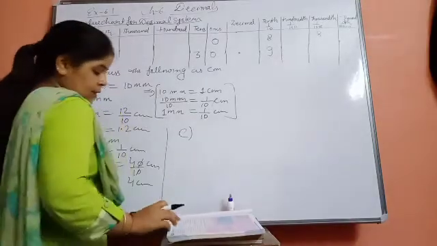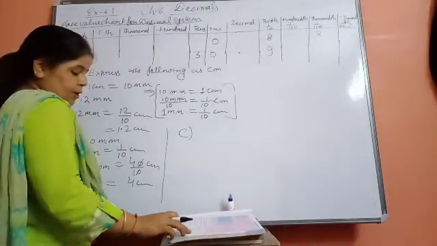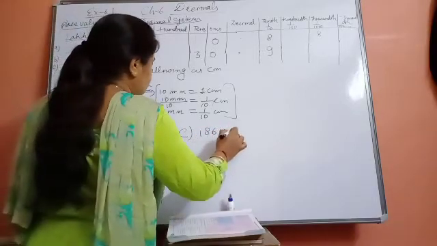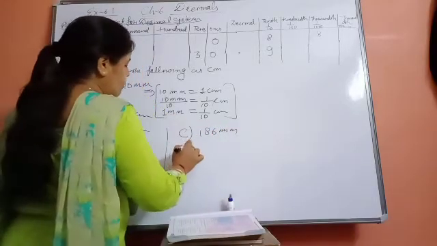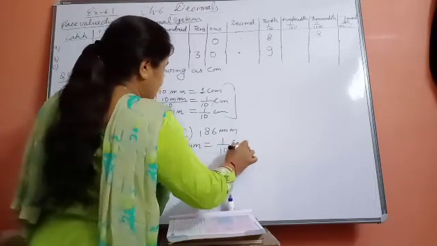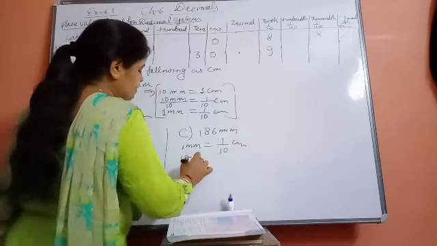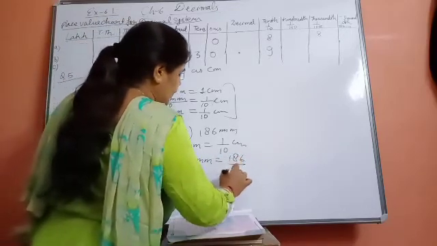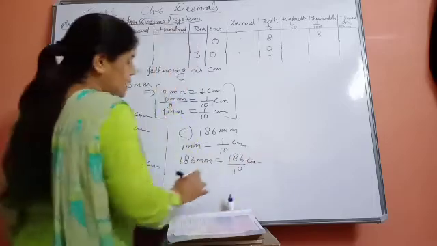Now the C part: 186 millimeter. Again you write 1 millimeter is equal to 1 upon 10 centimeter. So 186 millimeter is equal to 186 upon 10, and now it is converted into centimeter.